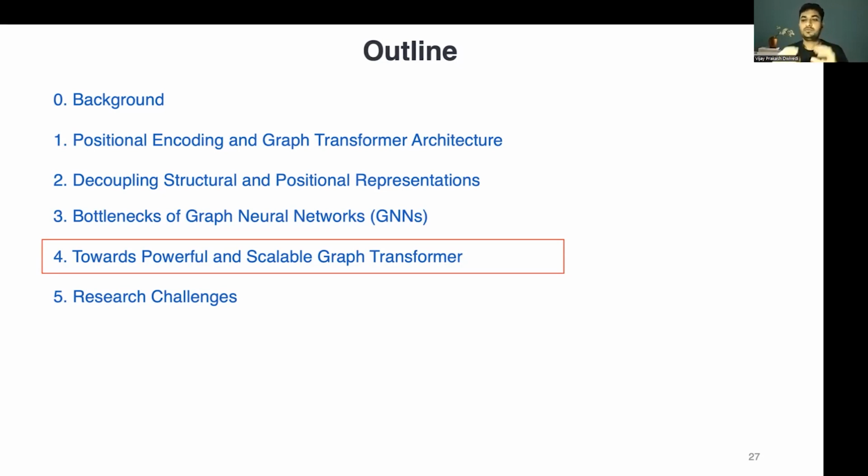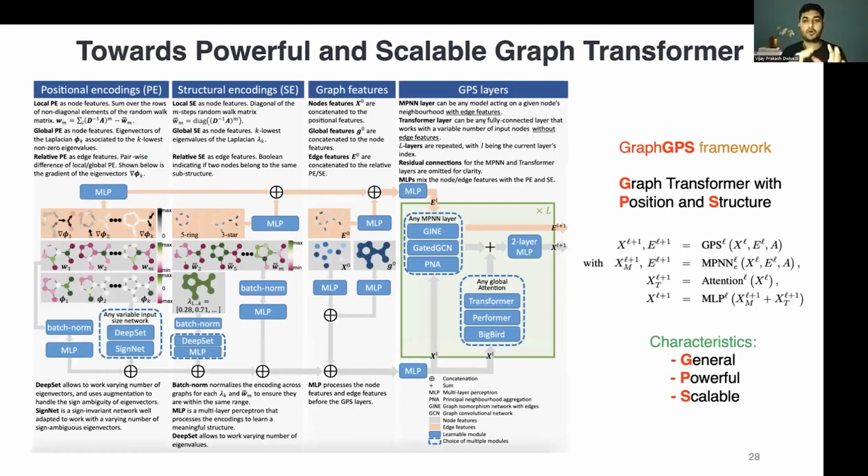And finally, we try to converge all of these different works and present the framework for powerful and scalable graph transformers. So this is the broader framework, but I'll try to focus and divide it into what are the important components. So this is the GraphGPS framework.